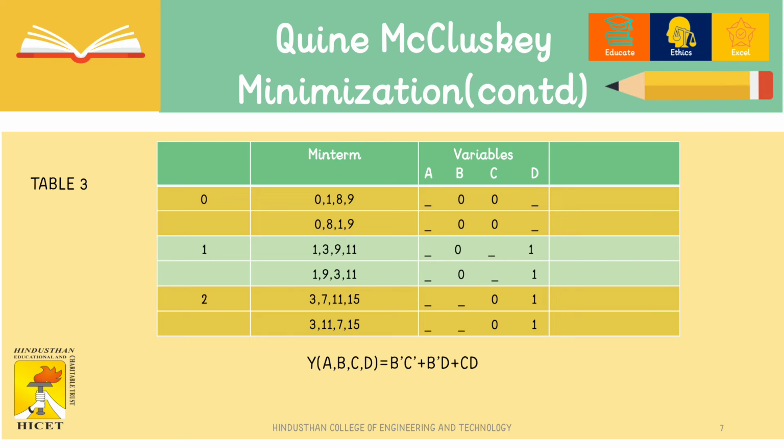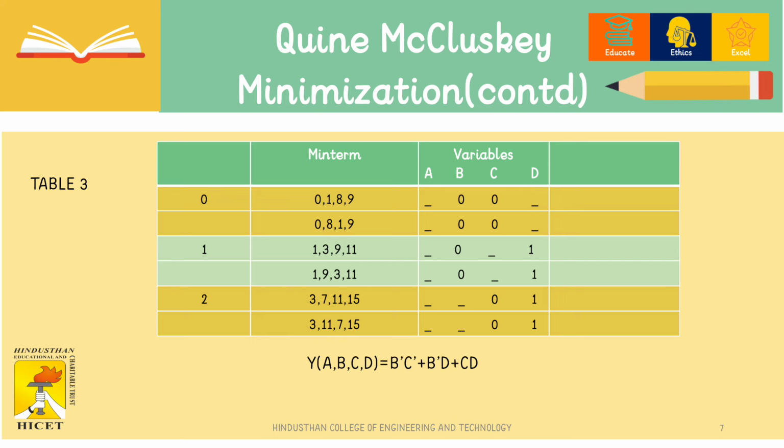So now we check whether it is possible to go for further comparisons. Now, when we see the groups 0, 1, 2 in table 3, we can understand that no further grouping is possible. So, we stop with this. Now, we take up the pending values for which a tick mark has not been placed.